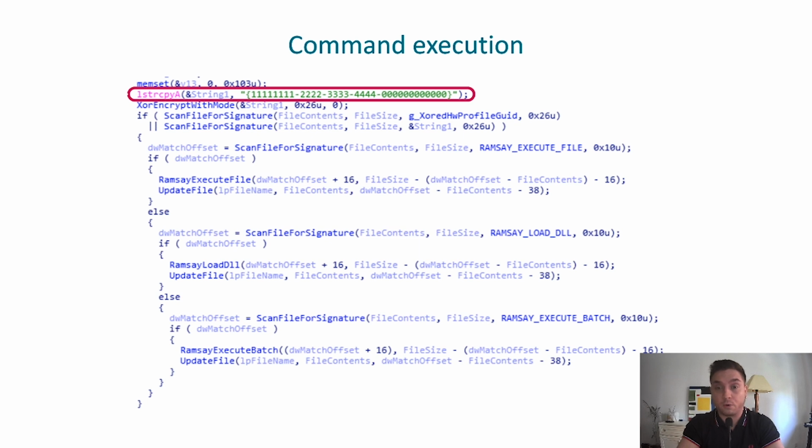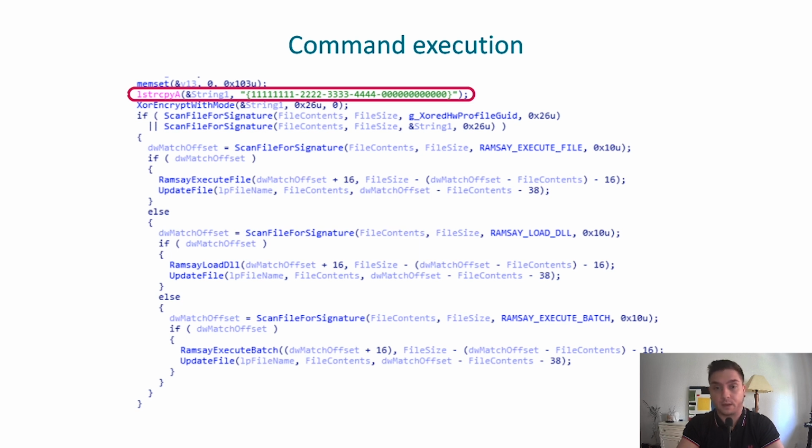Or, on the other hand, a more interesting hypothesis is that this GUID is actually the way the developers implemented support for control file documents which are victim agnostic. So each control file document will be targeted to be processed by a Ramsay agent running on a specific victim machine, and that will be denoted by the GUID.